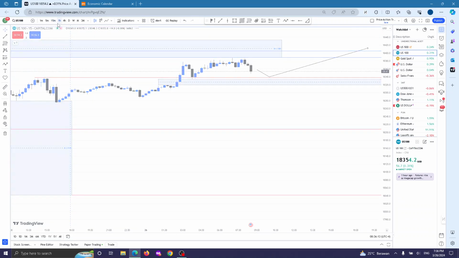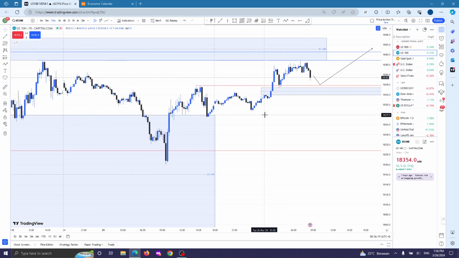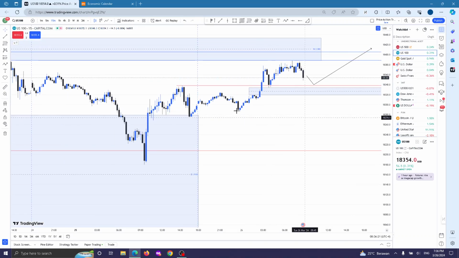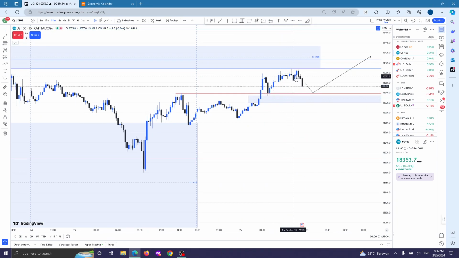Let's look at 15-minute charts. So this is London's low. I'm expecting manipulation into this London's low. OTE.